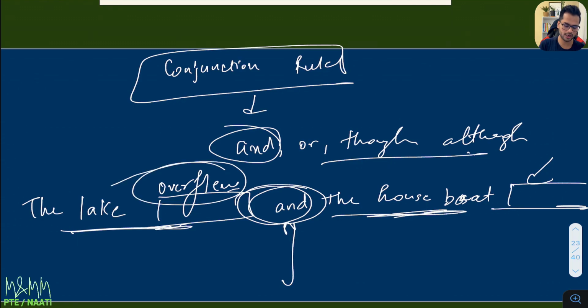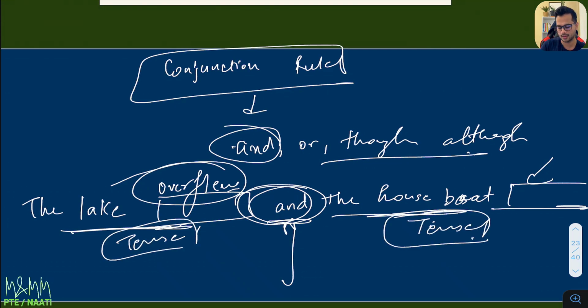So, as you can see, the rule of conjunction is that we have to have the same tense on either side of the sentences. If the sentence before the word and is in the past, the sentence after the word and has to be in the past tense as well. Same goes with present and future. Here the lake overflew is in the past tense, and the houseboat something.